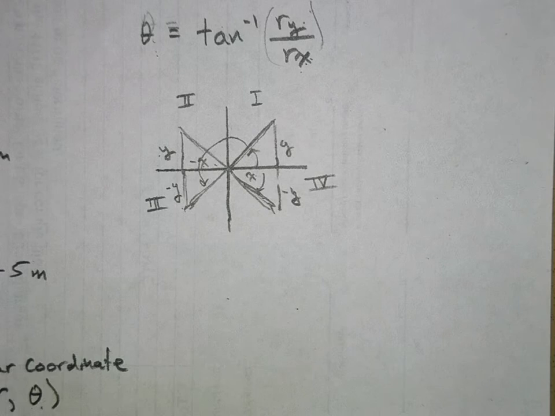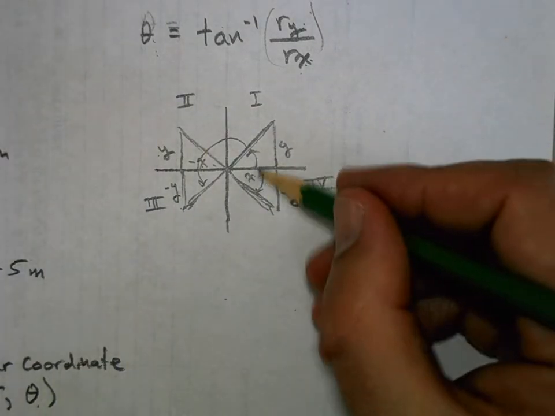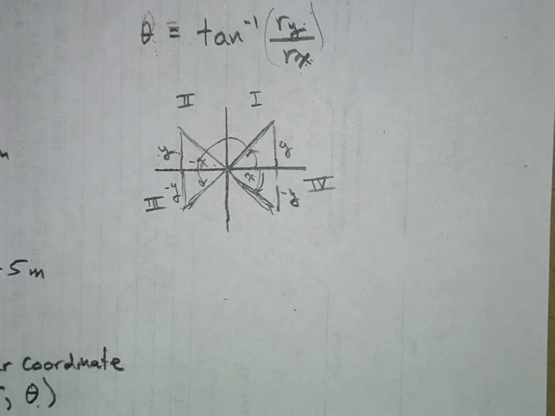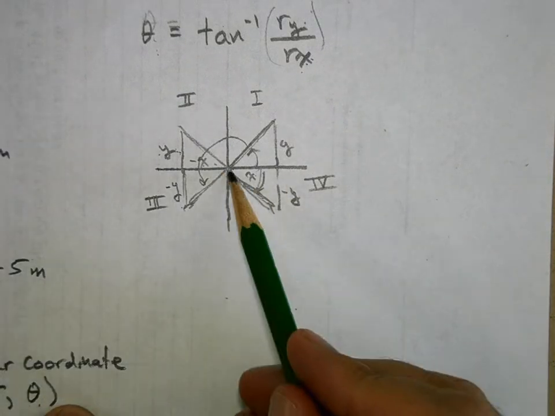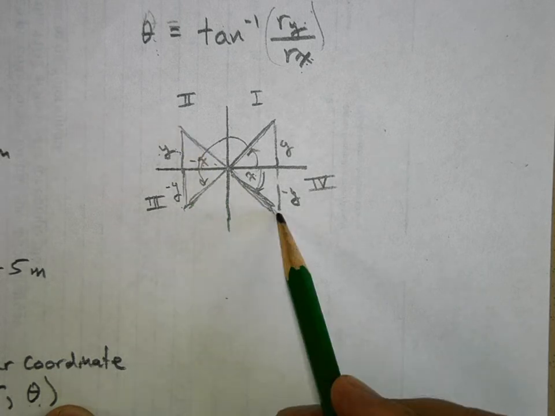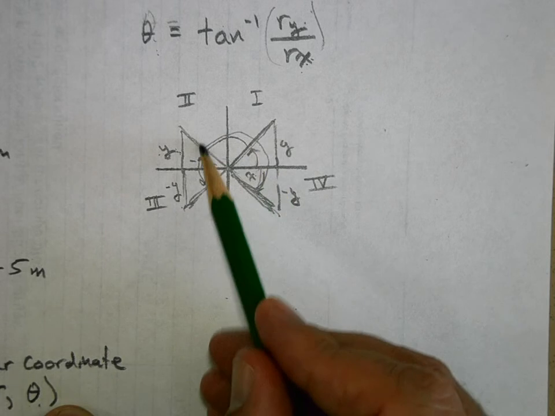Your calculator is just going to say, hey, I'm not going to deal with quadrant 2. I'm just going to give you quadrant 1 or quadrant 4. You've got to figure out the rest. So it'll tell you like negative 30 degrees. If you're over here, it'll think you're down here. But then what do you have to do to get over here? You have to add 180 degrees to it.